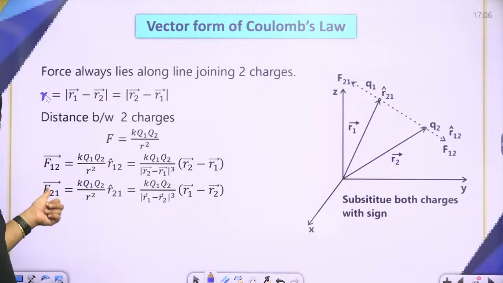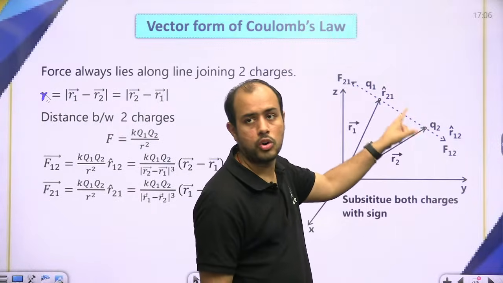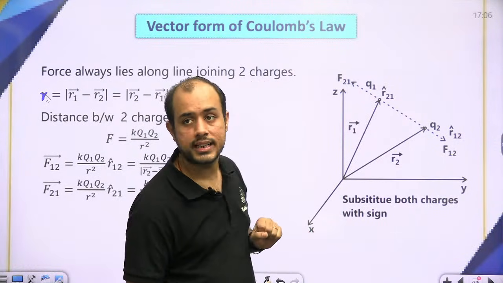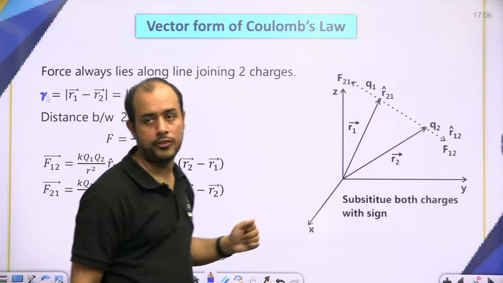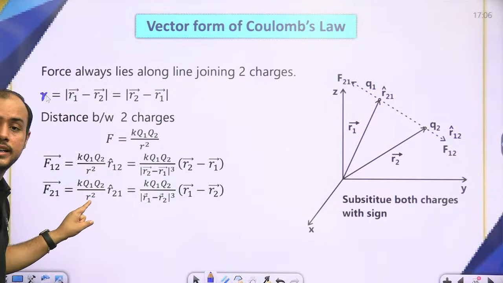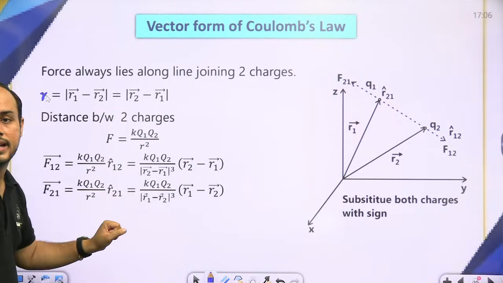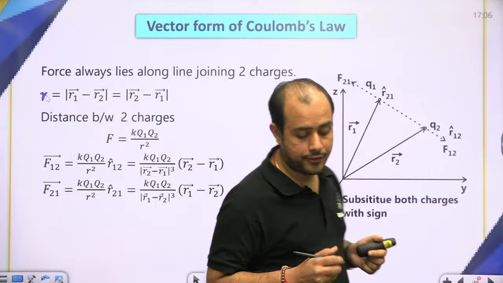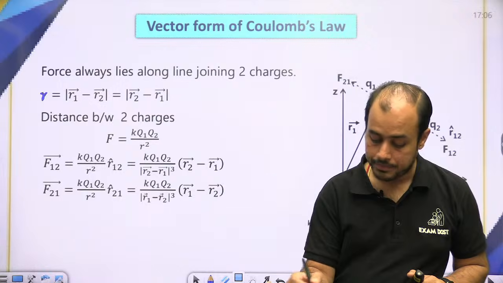Similarly, beta, when we talk about F21, that is the force of 2 on 1, it is parallel to R21. How to write R21? R1 minus R2 by magnitude of it. Already there is magnitude square. When you write unit vector as vector upon magnitude, you will get magnitude cube. So this is the formula for Coulomb's law in the vector form.